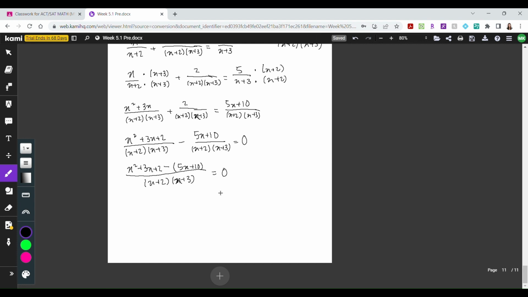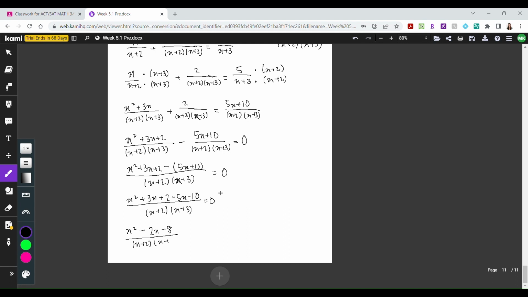From here, I'm going to distribute the negative sign to give me x squared plus 3x plus 2 minus 5x minus 10 over x plus 2, x plus 3 equals 0. Group the like terms: x squared minus 2x minus 8 over all that.